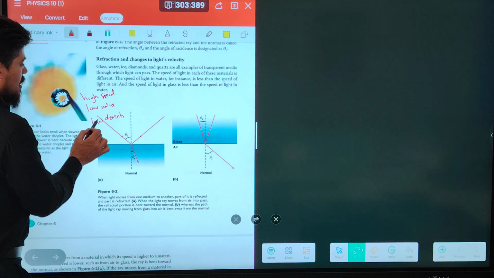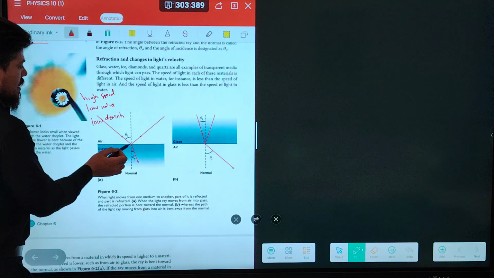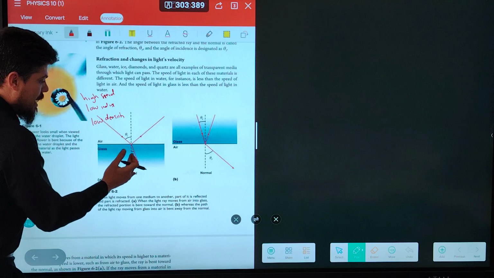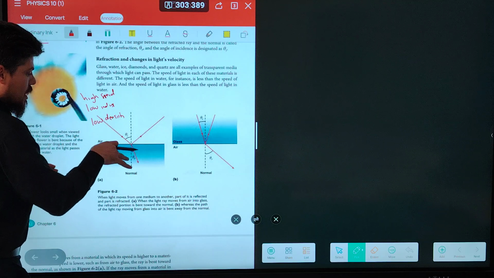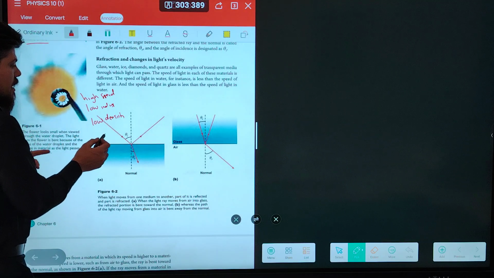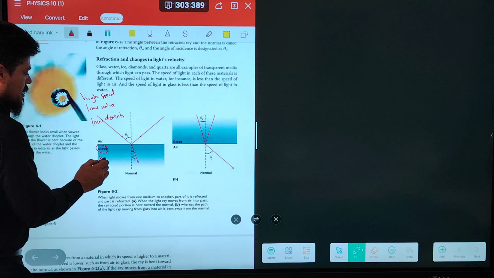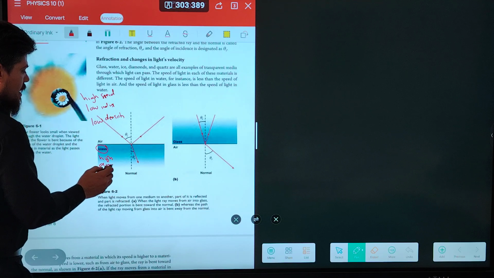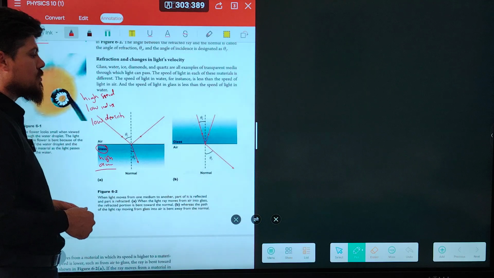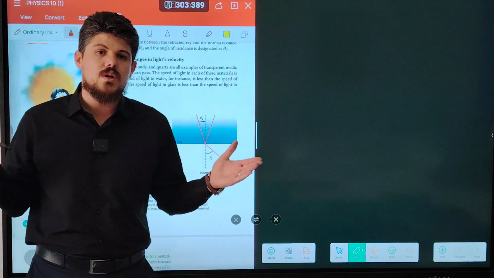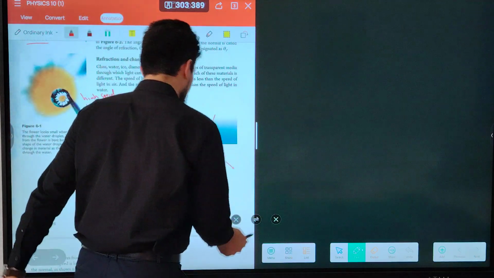When the light travels from air into the water, what happens? Part of the light reflects and the other part refracts, or bends. The light bends toward the normal when the light wave travels from low density to high density. Glass here is high density, high index of refraction, but low speed. So we have two different types of bending: toward and away from the normal.